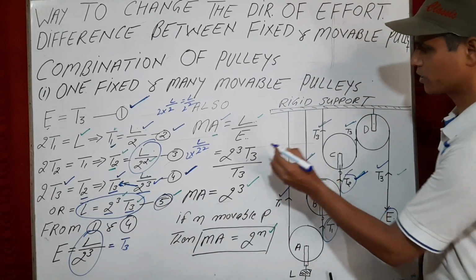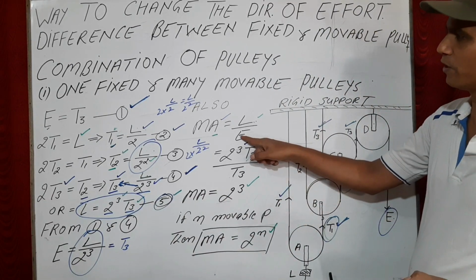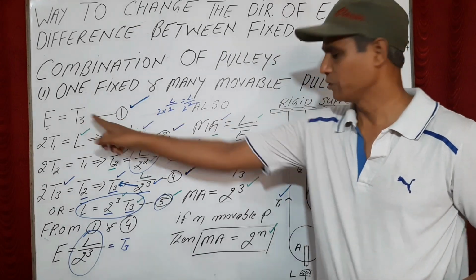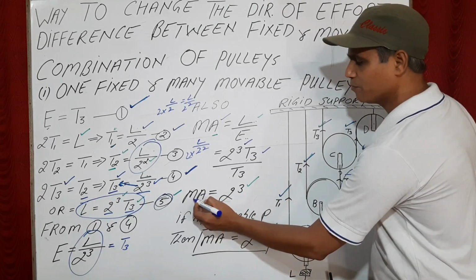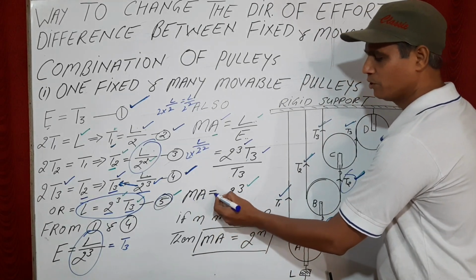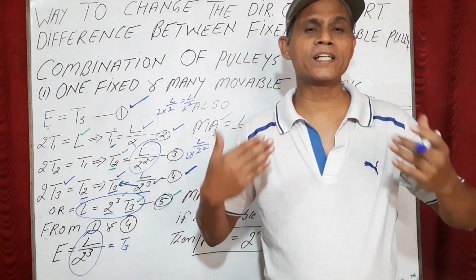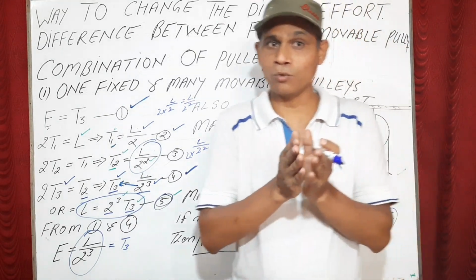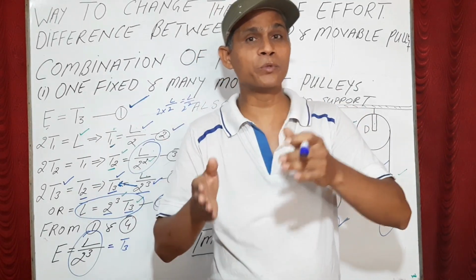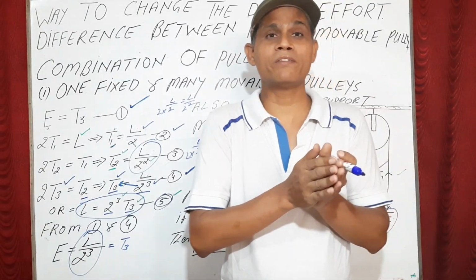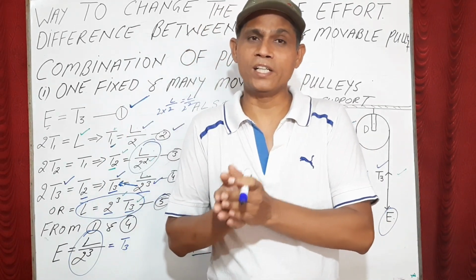So I have substituted 2 raised power 3 into T3, and the value of effort is T3. So put the value T3 over here, T3 cancels. You will be having mechanical advantage is equal to 2 raised to power 3. So mechanical advantage over here is not 2, it is 2 raised to power 3, that means 2 into 2 into 2. So this is very much greater than 2. Hence the effort will be very less.